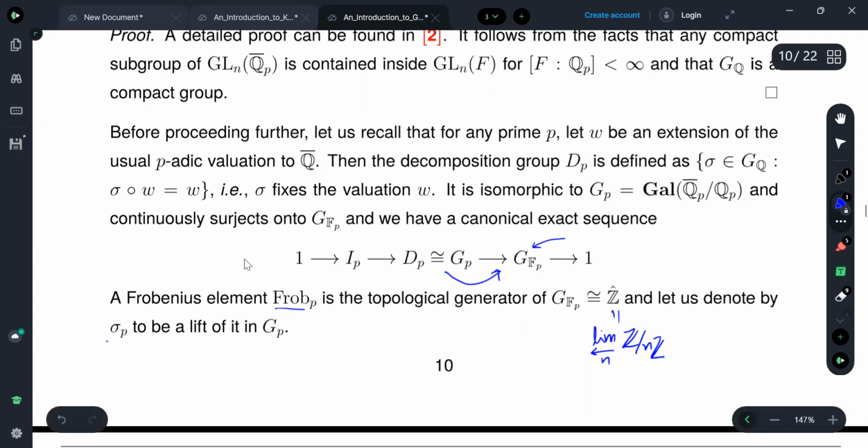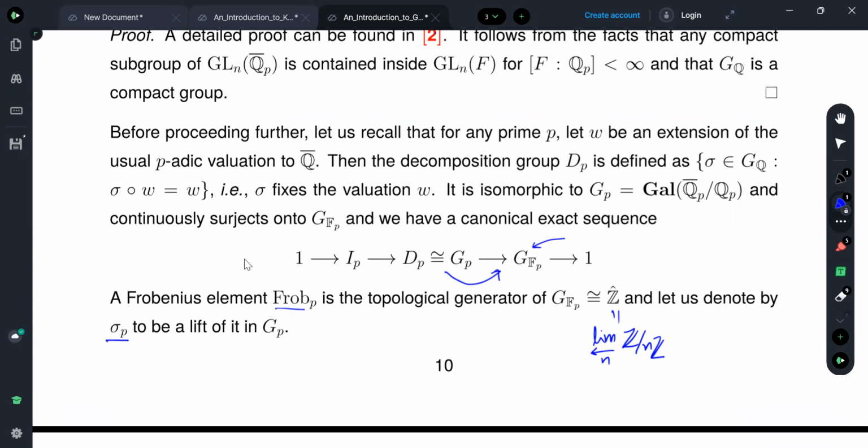And by sigma P we will denote any lift of that Frobenius element, the canonical generator of this topologically cyclic group Z hat, inside this decomposition group.